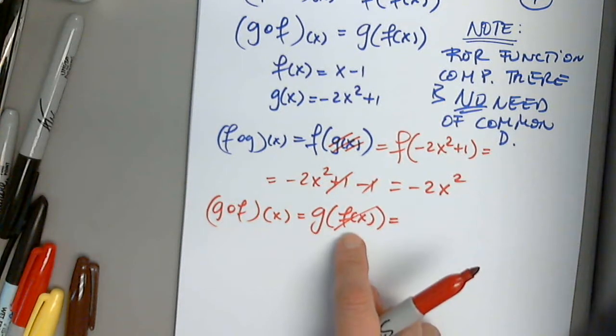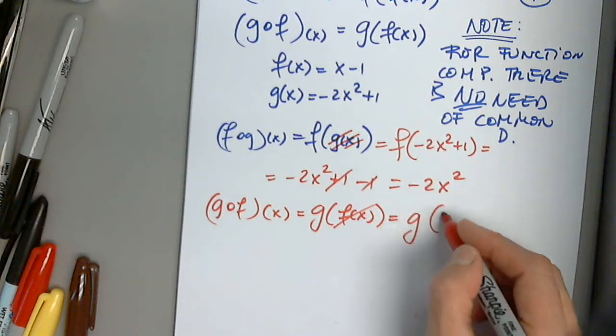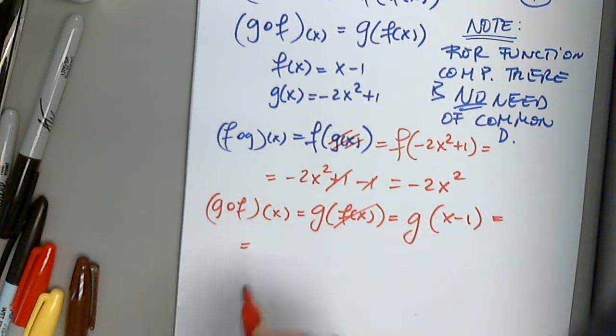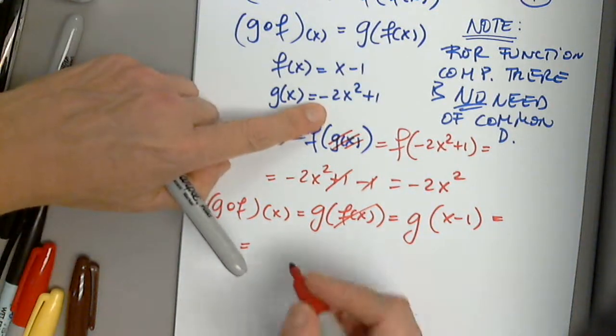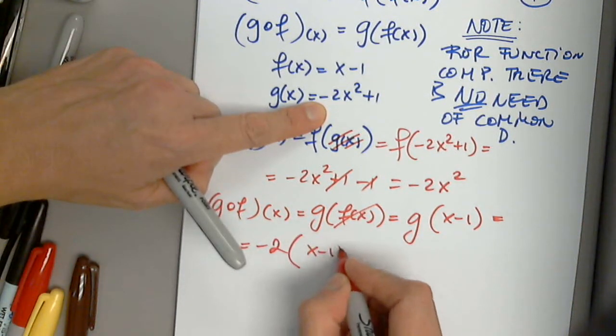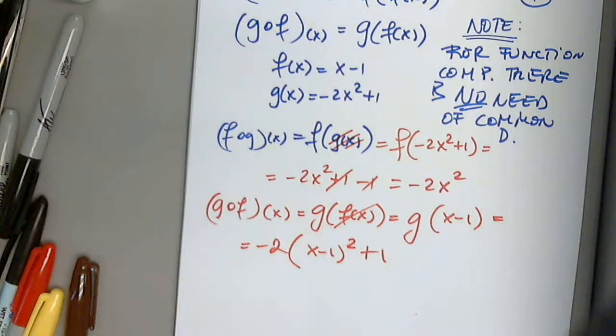That's our starting point. So I know I have to evaluate g at x minus 1. So I have to look at g, and g says g of whatever is -2 times whatever squared plus 1. So what do I write? -2 times x minus 1 squared plus 1.